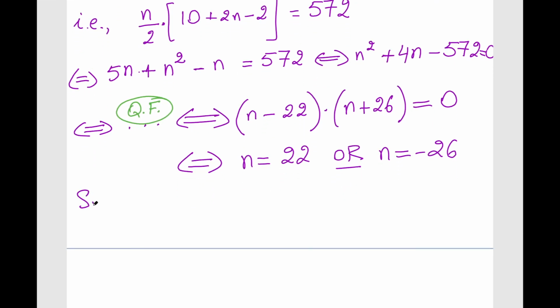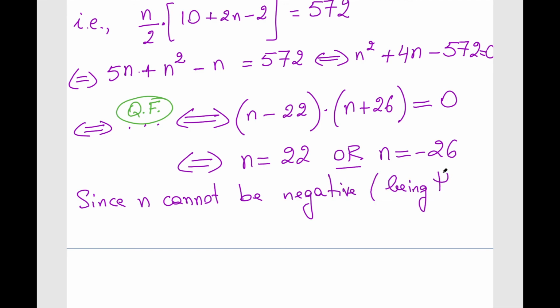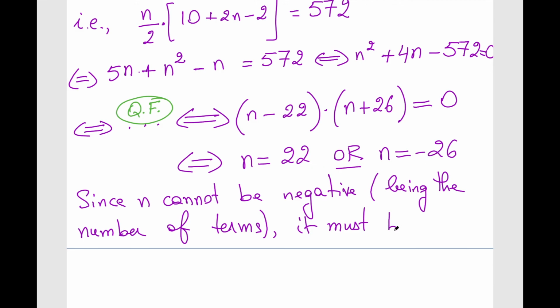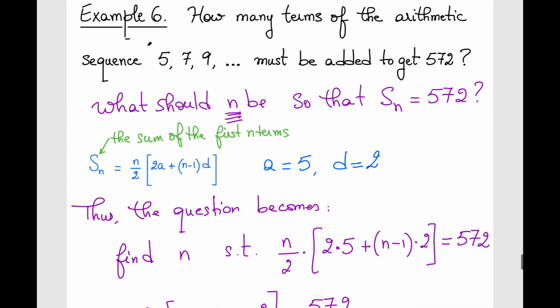Since n cannot be negative, being the number of terms, it must be the 22, not the negative 26. So long story short, we should add 22 terms of this sequence to get to this number.